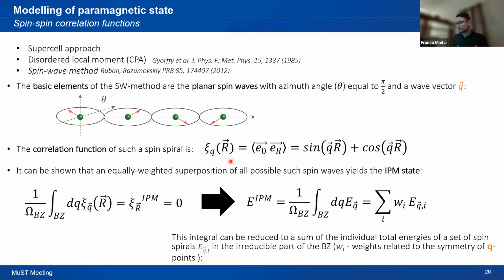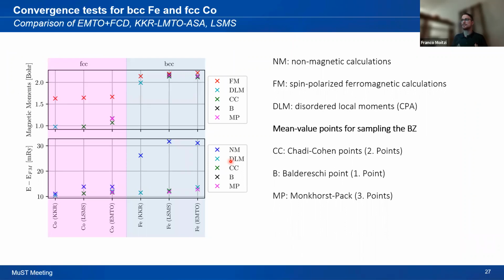And here are convergence tests for BCC iron and for FCC cobalt. What you can see here is always a comparison between non-magnetic, ferromagnetic, and DLM, where it was possible. And for sampling the Brillouin zone, I effectively used 3 different methods.